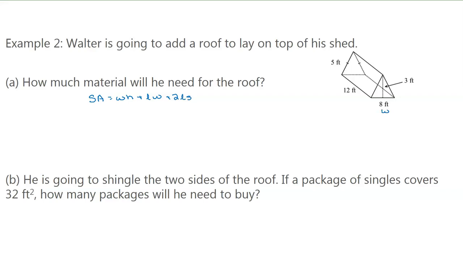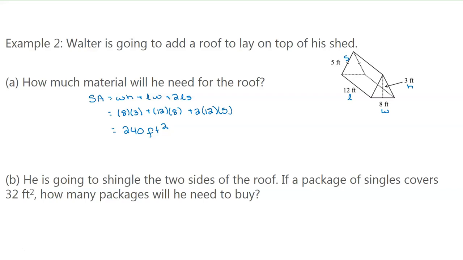So this is W, 3 feet's the height, 12 is the length, and 5 is S. So let's substitute those values in. 8 times 3 plus 12 times 8 plus 2 times 12 and 5. So now on the calculator, I get 240 square feet.